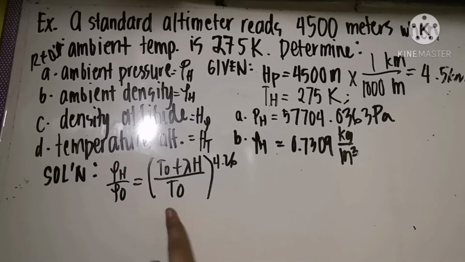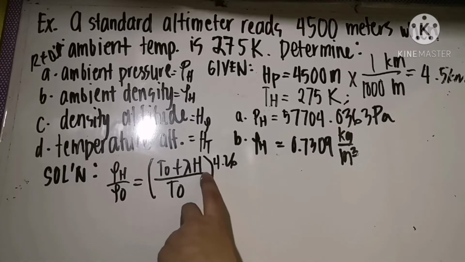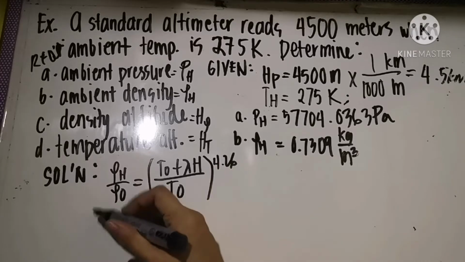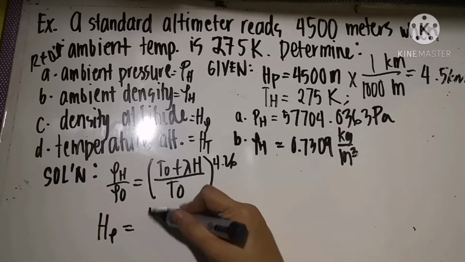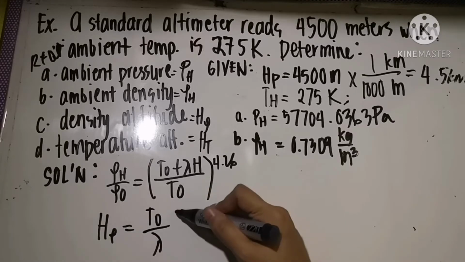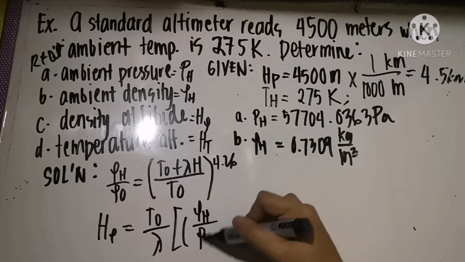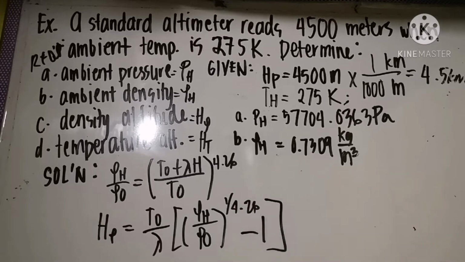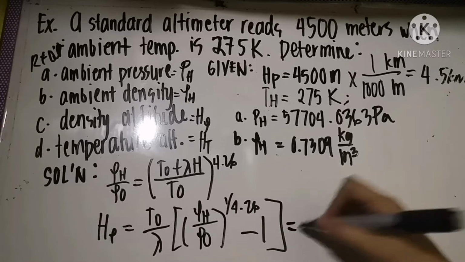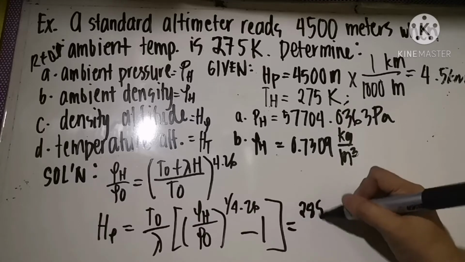So, we can use this formula or yung binigay ko sa inyo na simplified formula kung saan naka-isolate tong density altitude, which is this one, T0 over lambda, tapos large bracket na density H over density 0 raised to 1 over 4.26 minus 1. So, yan. Solve na natin ang density altitude, which is the temperature at SSLC.